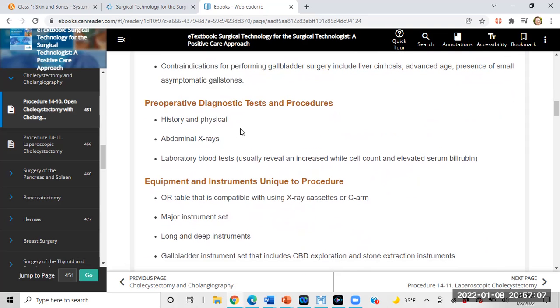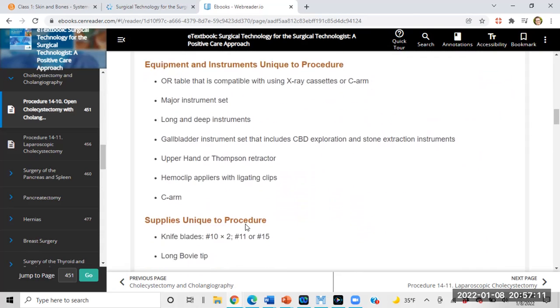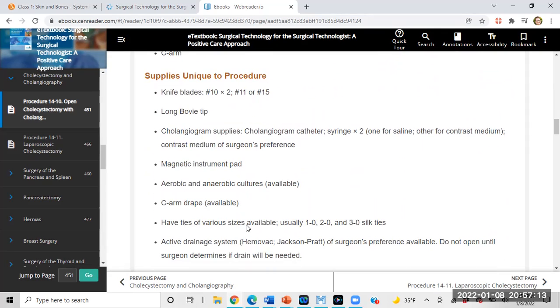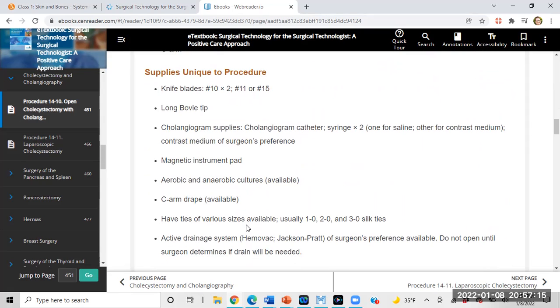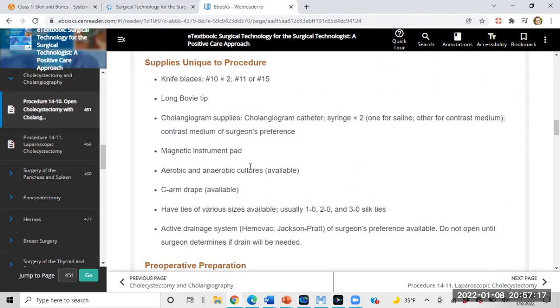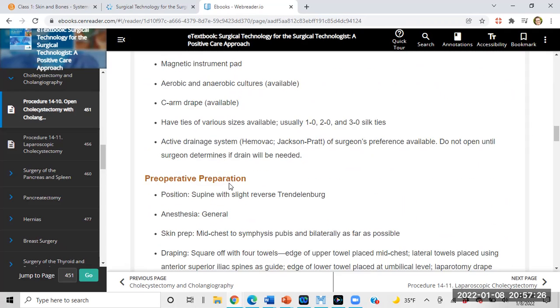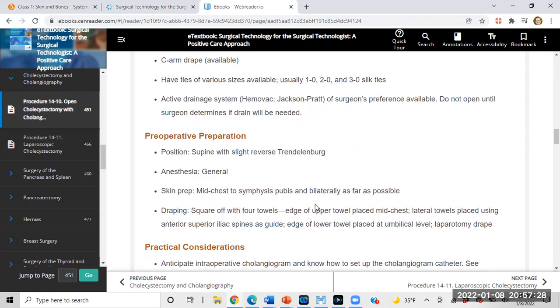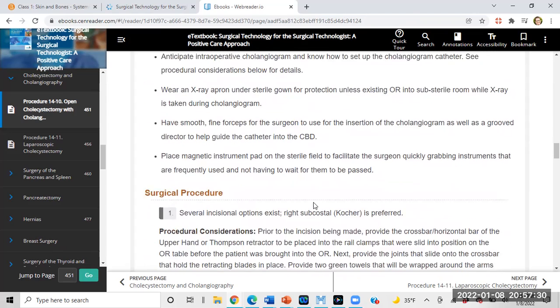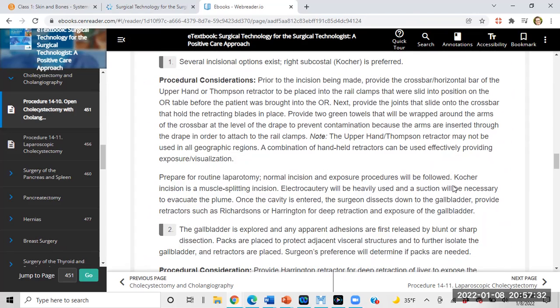You can see the pre-op tests that are done, equipment that's used to set up for this, supplies that are unique to this procedure. You definitely want to be familiar with what blades are used, these specific catheters that are used as well, and the ties that you're going to have in place. And then read through the procedure.